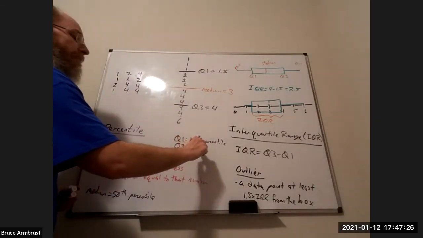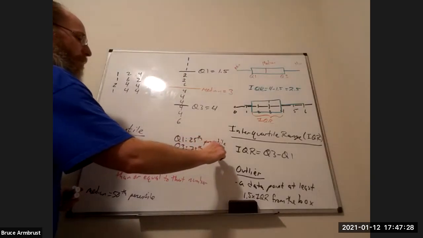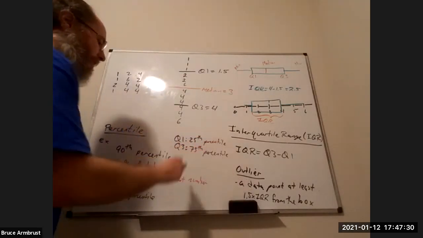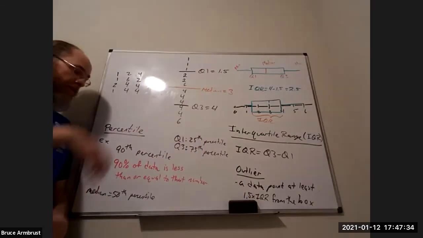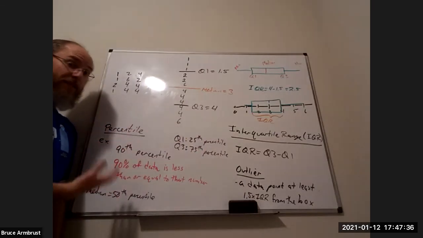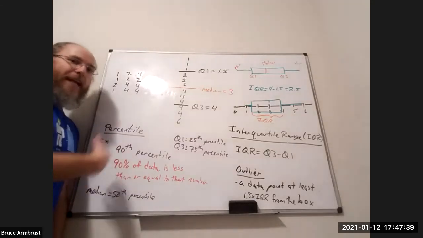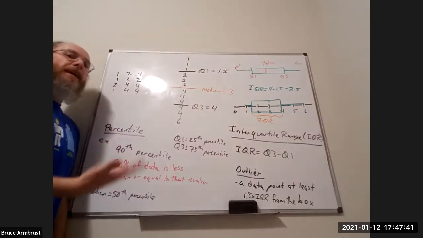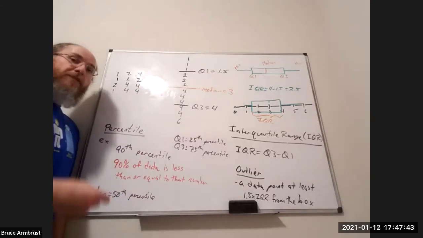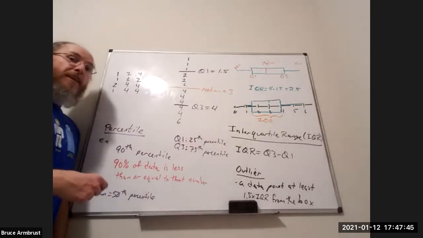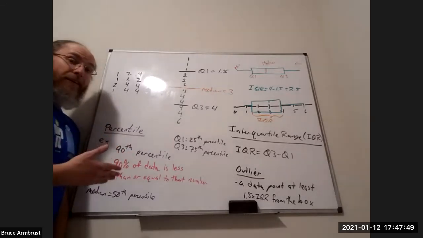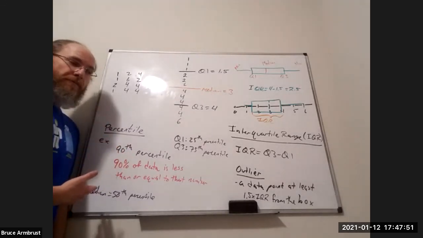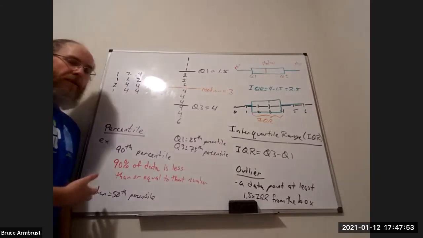Q3, this is the 75th percentile. So while the median and Q1 and Q3 are special percentiles, you can actually break this down to anything. And just go, I want the 80th percentile. I want the 37th percentile. It just means this is the number such that that percent of the data is less than that value.